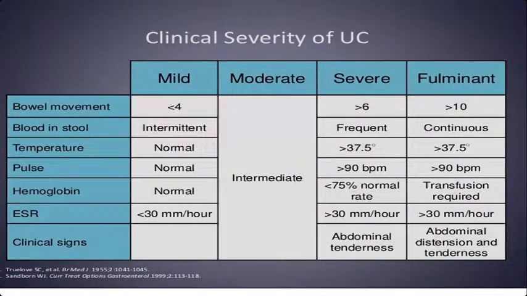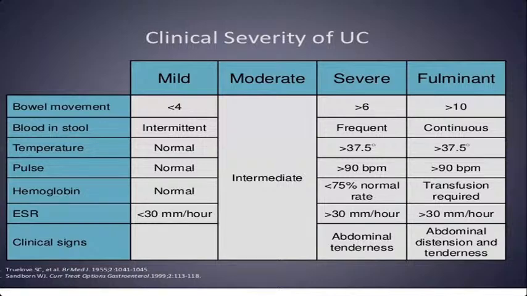So we grade the severity of ulcerative colitis into four: mild, moderate, severe, and fulminant ulcerative colitis. In mild, the bowel motions may be less than 4 times in a day, whereas in fulminant ulcerative colitis, it may be more than 10 motions per day.